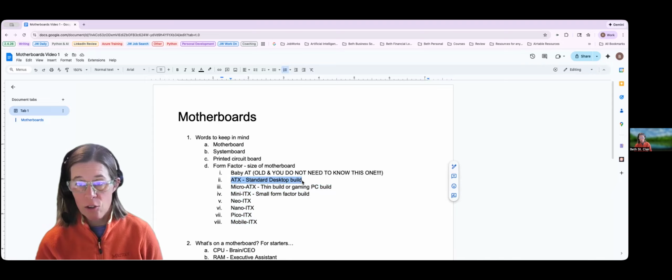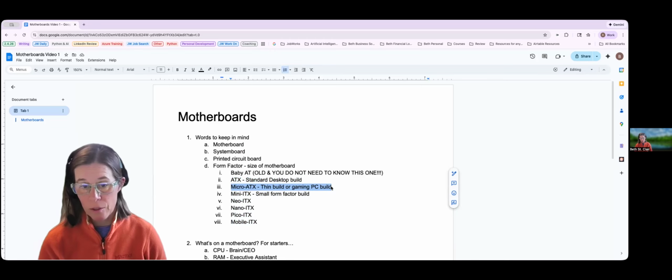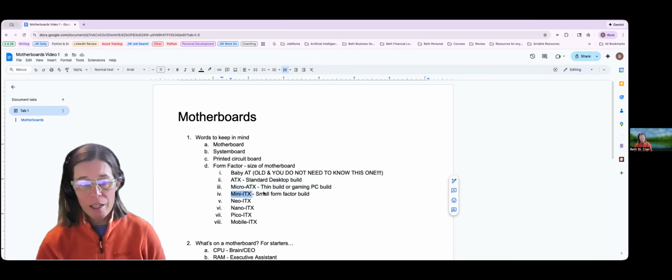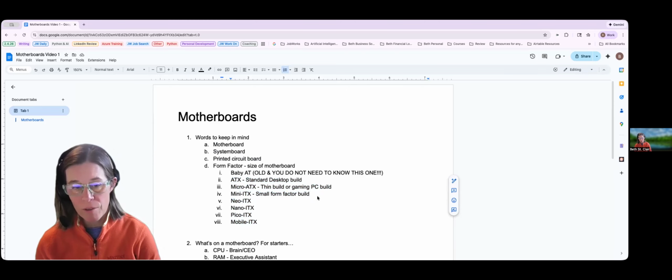ATX is the standard desktop build. Micro ATX is a thin build, or it could be for a gaming PC build. Mini ITX is a small form factor. Notice here, ATX, ATX, now we switch to ITX. The last 5 are considered ITX, which means small form factor.